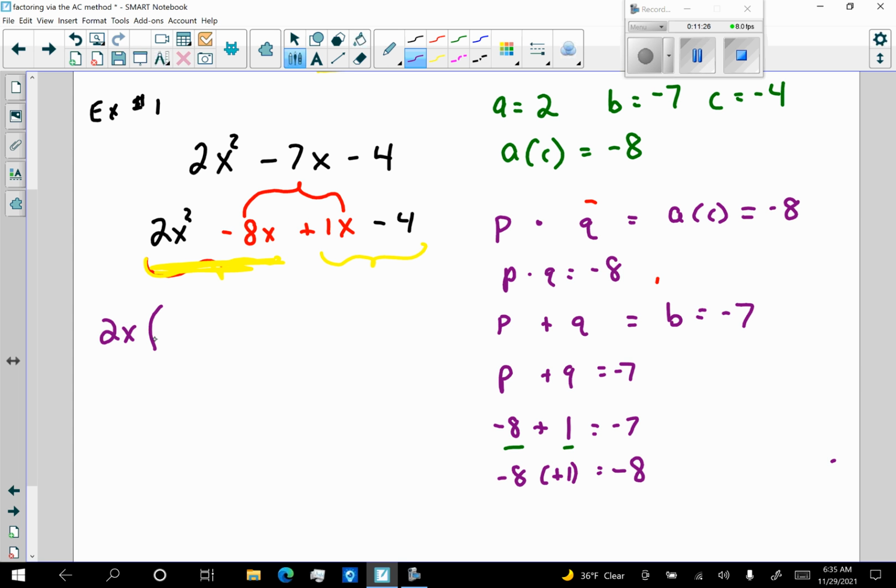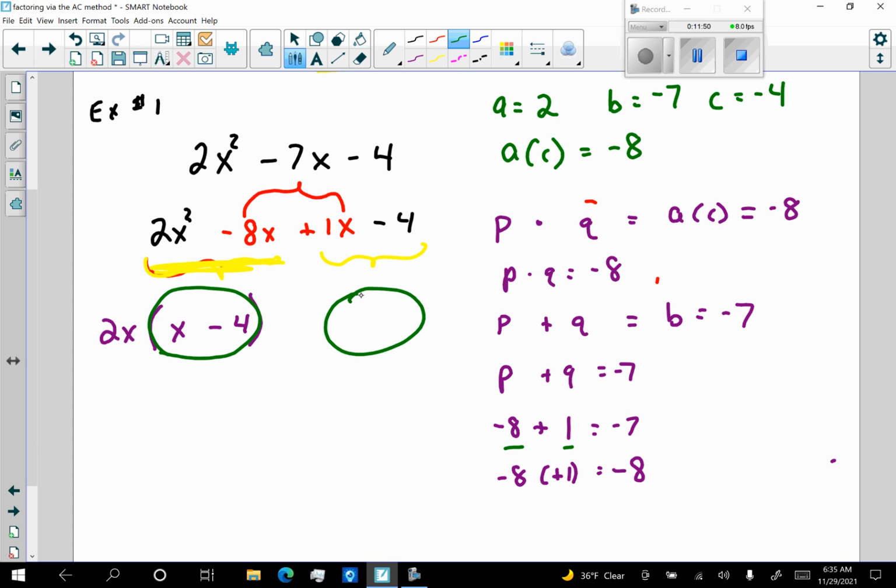So 2x times what is 2x squared? x. 2x times what is negative 8x? That's going to be negative 4. And here's the deal. If you actually have found p and q, this guy right here has to end up over here.